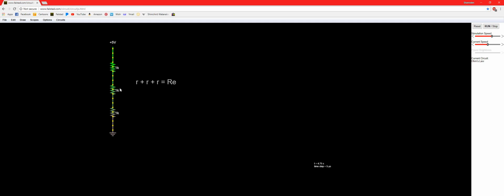So 1K plus 1K plus 1K is 3K. This is basic math. And so in order to calculate the current running through all of these resistors, you'd simply divide 5 by 3000.